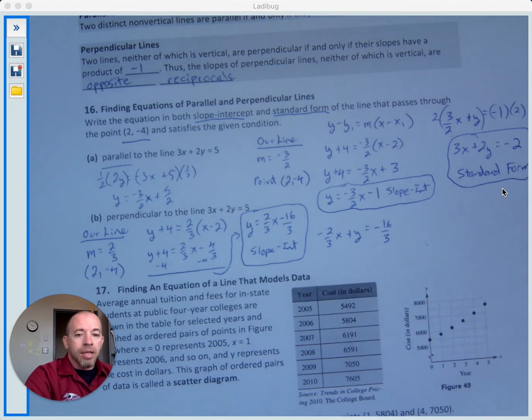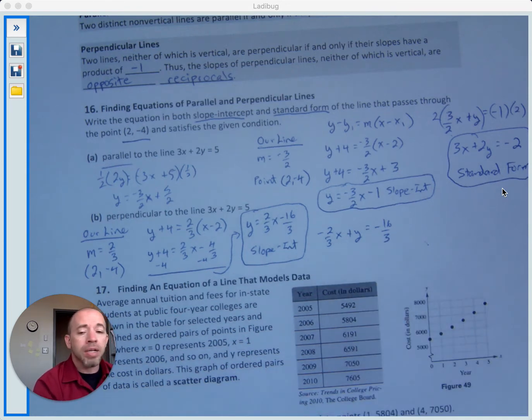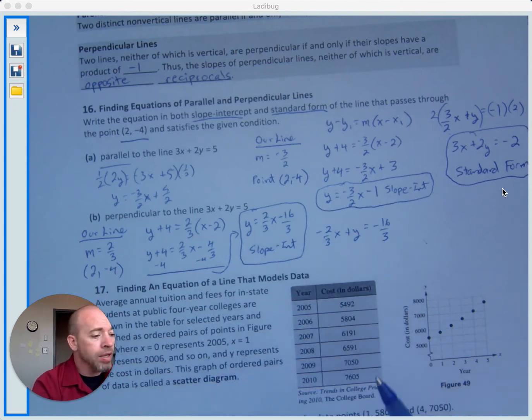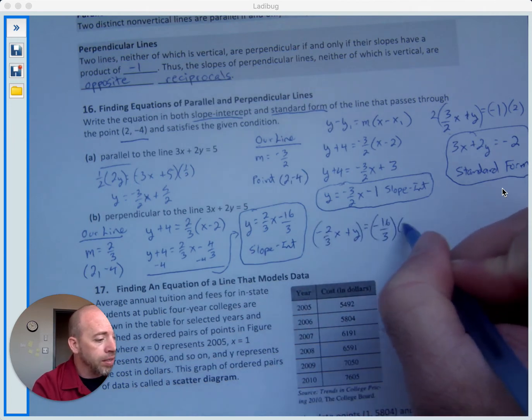And now we have to clear the fractions and make sure the coefficient of x is positive, because right now it's negative, isn't it? If we multiplied everything by 3, it would clear the fractions. But in order to get that coefficient of x to be positive, I'm going to multiply everything by -3.